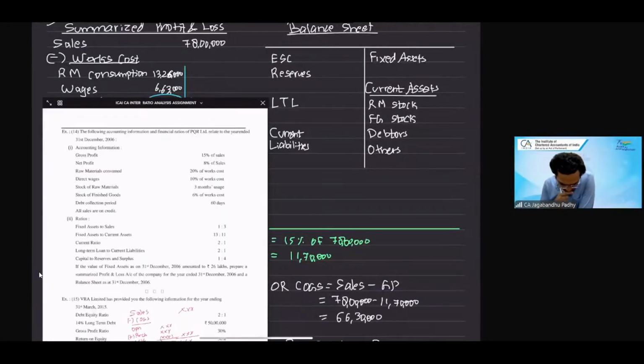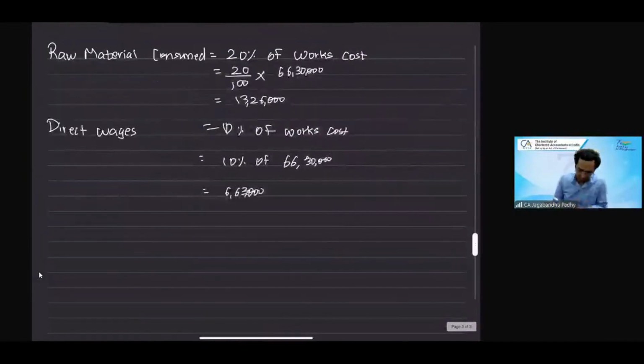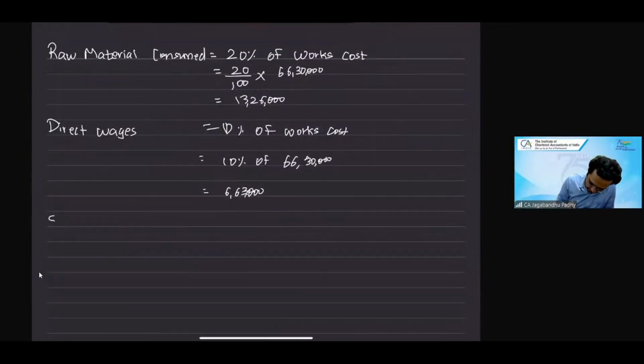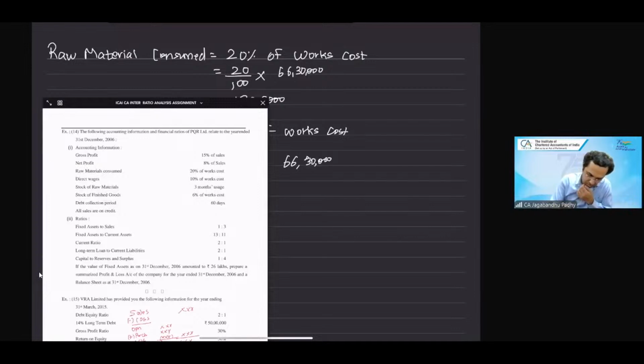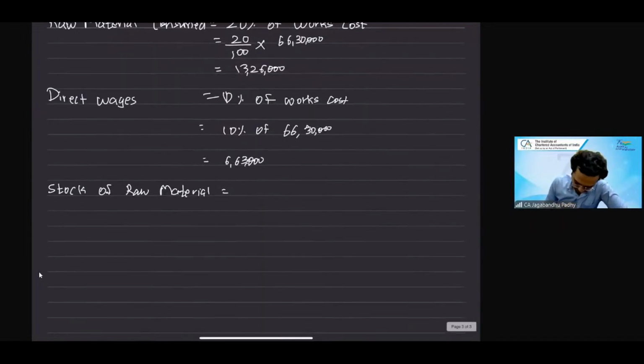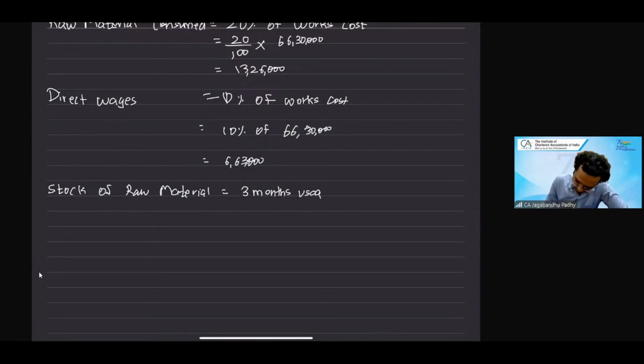Now, going into the next data, stock of raw material is 3 months usage. Stock of finished goods is 6 months of works cost. So first, stock of raw material is 3 months usage, which will be 3 by 12 into raw material consumption.